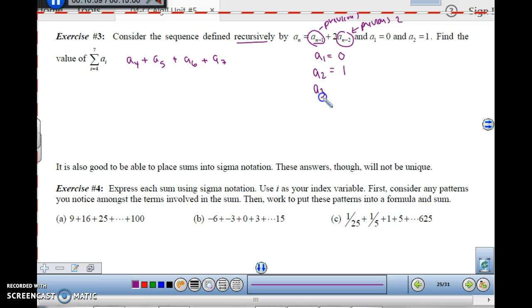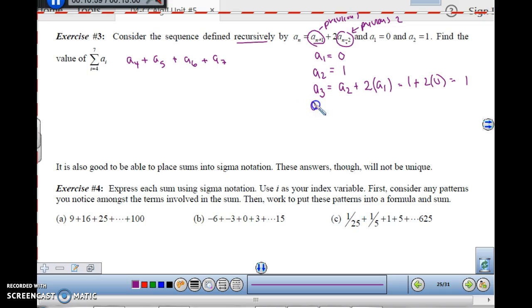What is a of 3? Well, a of 3 would be the previous term, a of 2, plus 2 times the term 2 previous, which would be a of 1. A of 2 is 1, and a of 1 is 0, so that would be 1 plus 2 times 0, which is just 1. So a of 3 is going to be 1.